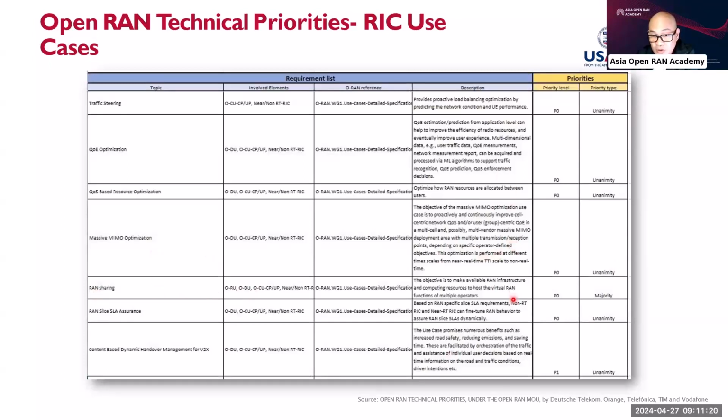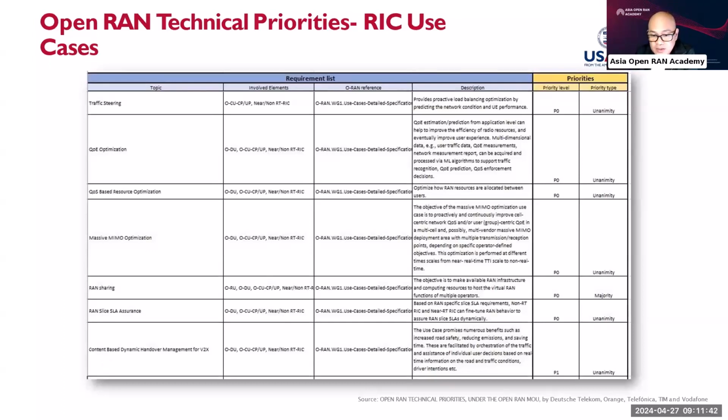So these are all priority 0. But there is a priority 1, which is the context-based dynamic handover management for V2X. Probably some of the operators that did not vote don't see any use cases yet, no, for a V2X application, meaning vehicle to everything application.